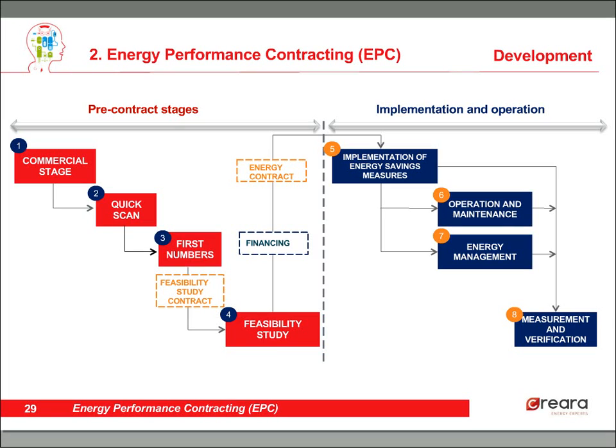First, the commercial stage. There's usually a quick scan in order to see how the facility is and what its energy performance potential is. This usually ends up in a pre-contract where you establish the work you're going to do until you sign the final EPC contract, and you solve all the questions and the doubts about the contract model.